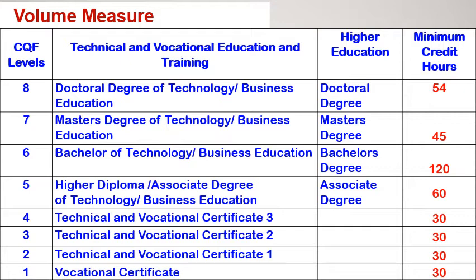For example, 30 credits are required for certificate level, 30 credits for diploma, 120 credits for bachelor's, 45 credits for a master, and 54 credits for PhD.